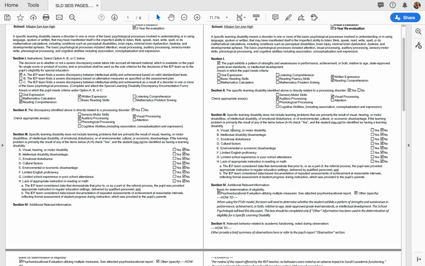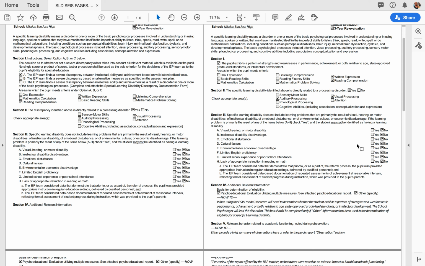So each box in this section should be checked no. If the team wishes to find the student eligible under SLD, all of these boxes need to be marked as no. Because if they're marked as yes, then it's excluding them from the ability to be qualified under the eligibility category of SLD.